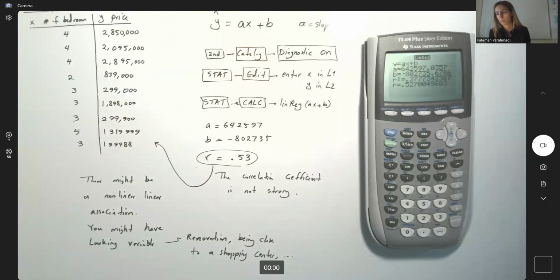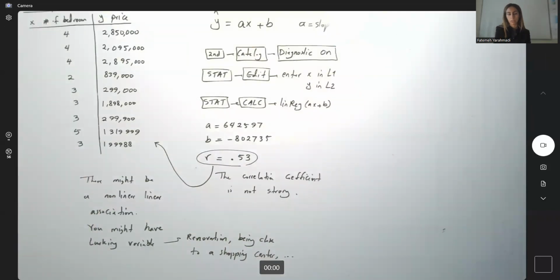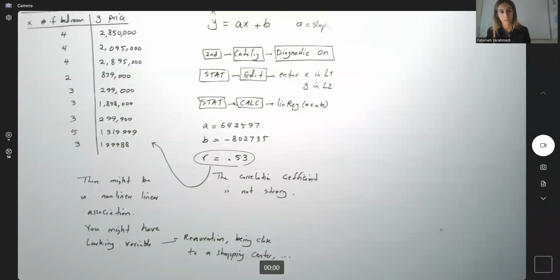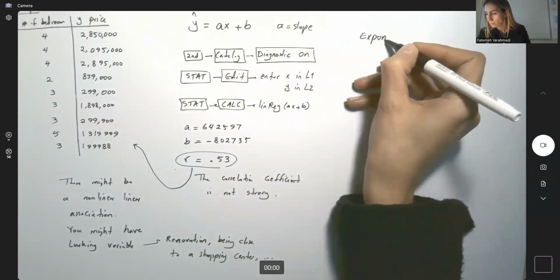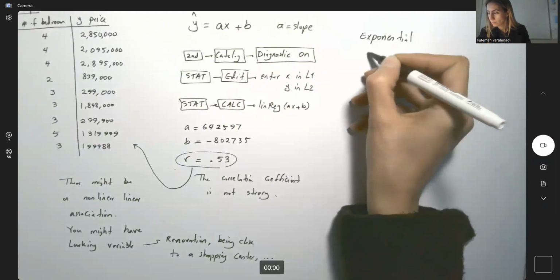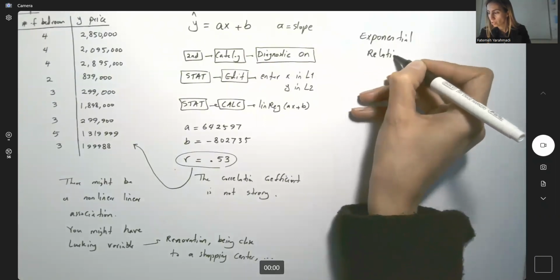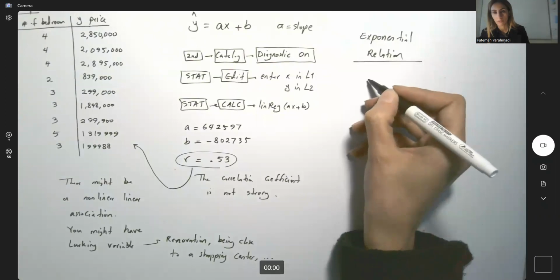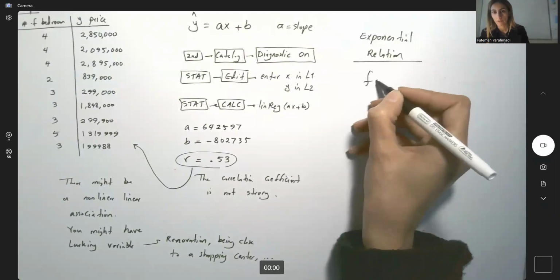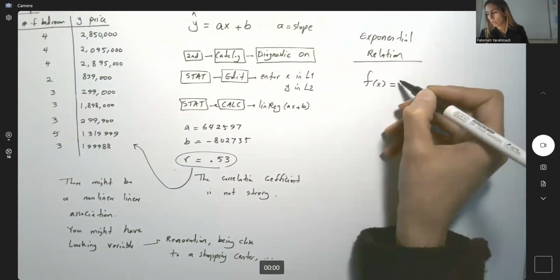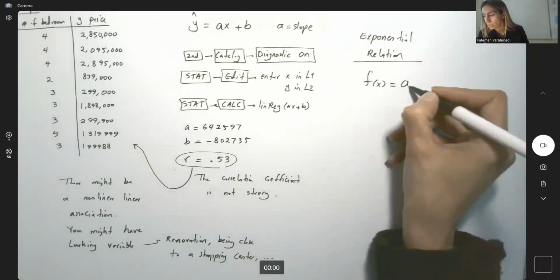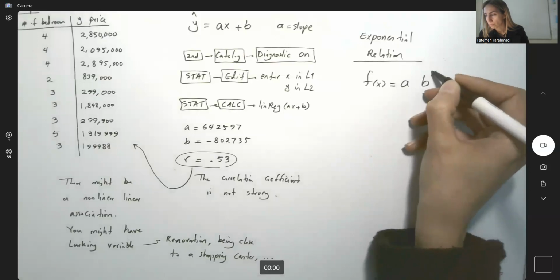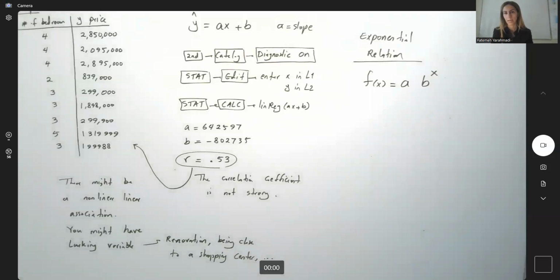What's the meaning of that? It means that, for example, you might end up having an exponential relation between them. When we're talking about an exponential relation, we're talking about a function f of x equals some initial value, a, times b to some power.